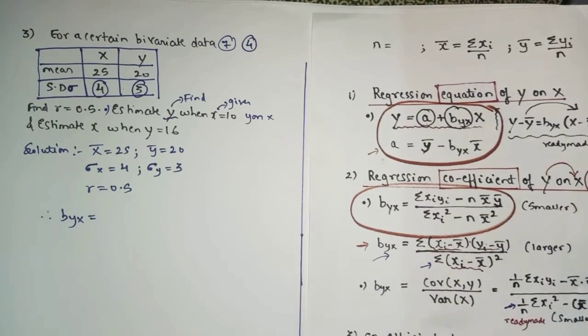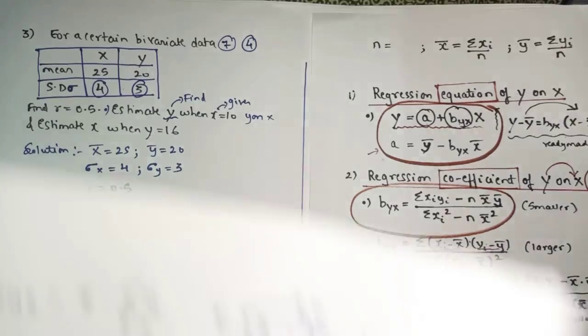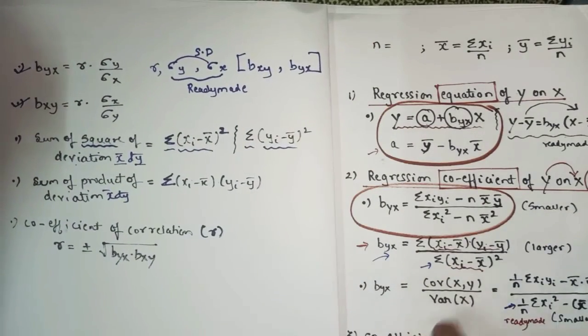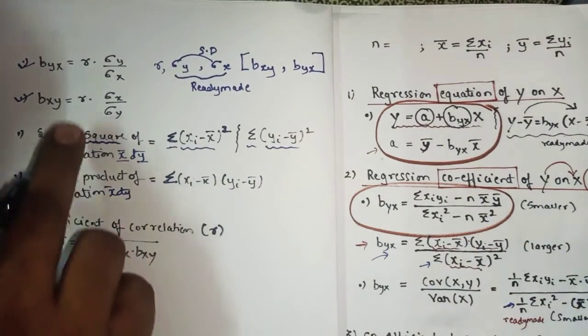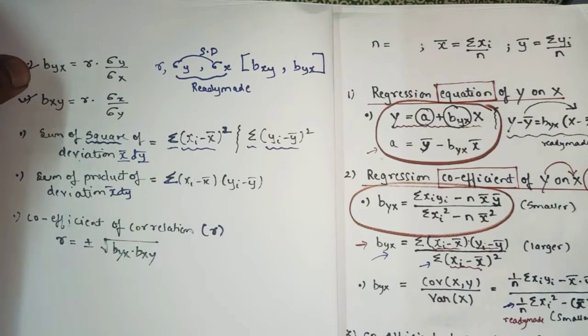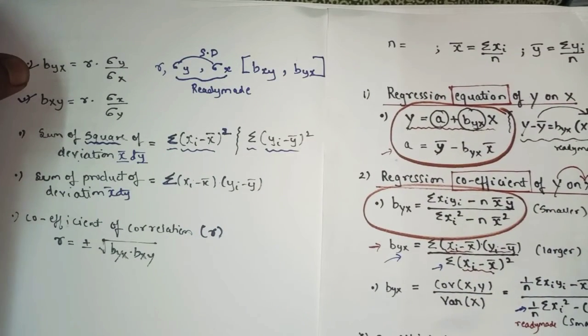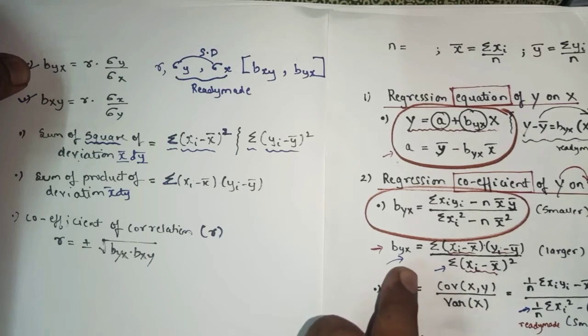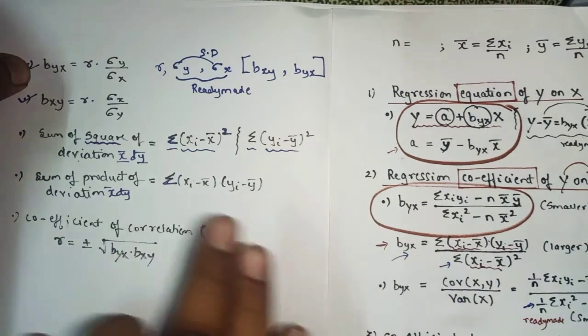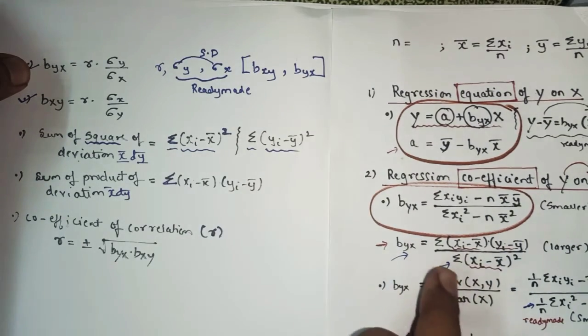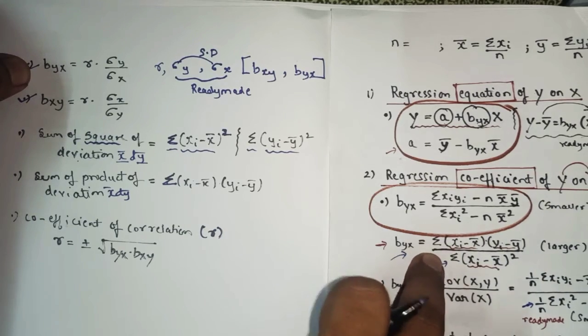To find byx, as I told, there are 4 formulas: 1, 2, 3, 4. For bxy also there are 4 formulas. In the second sum we saw that, according to the condition, we applied the second formula.